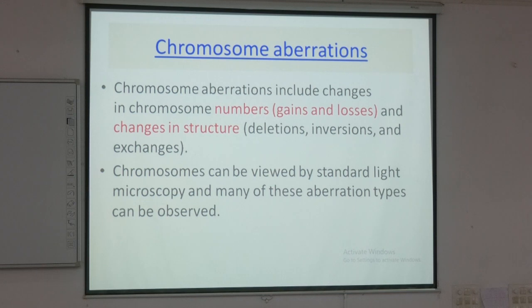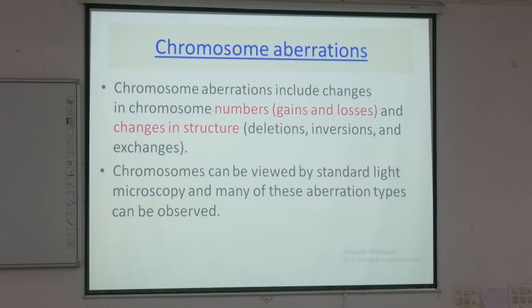Or the chromosomes have particular structures. That means each has two arms. We call them the short arm, the long arm, and in between they are joined by the centromere. So you may have a structural loss or gain in a chromosome's long arm or P arm. That could also be regarded as chromosomal aberration.